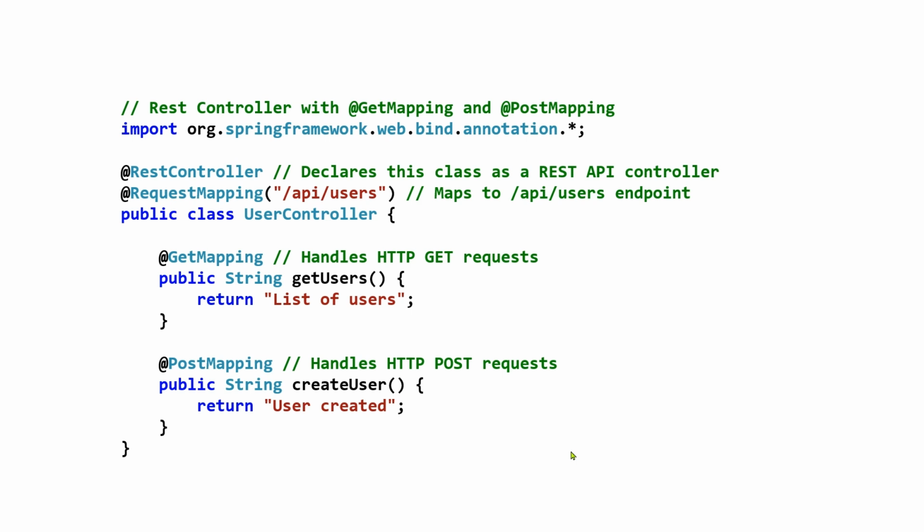Like here you can see public class UserController. If this class is annotated with only @Controller, not @RestController, then it will mark this class as an MVC controller. But if you annotate it with @RestController, then it will declare the class as a REST API controller.